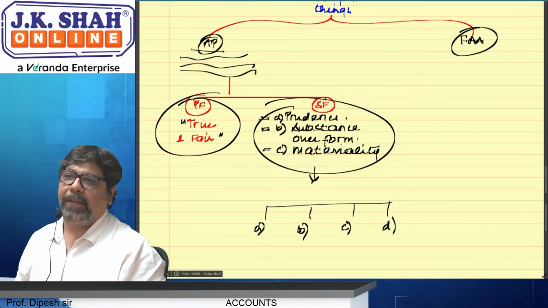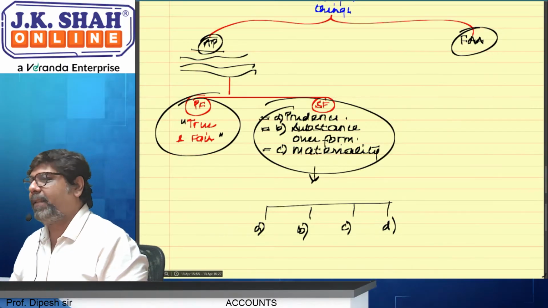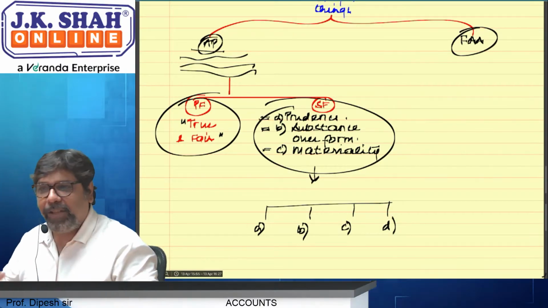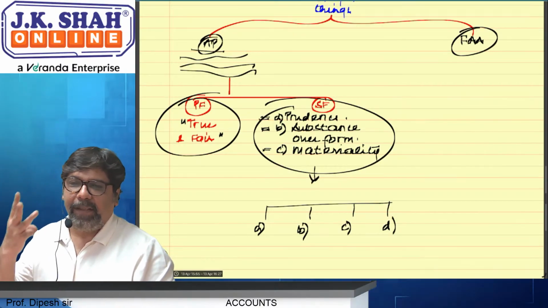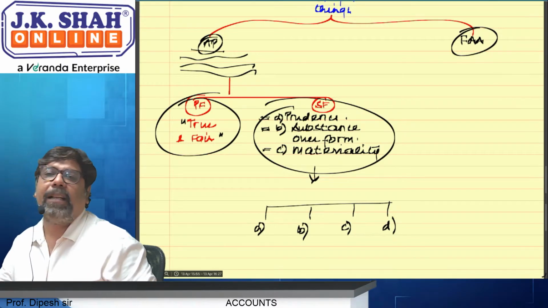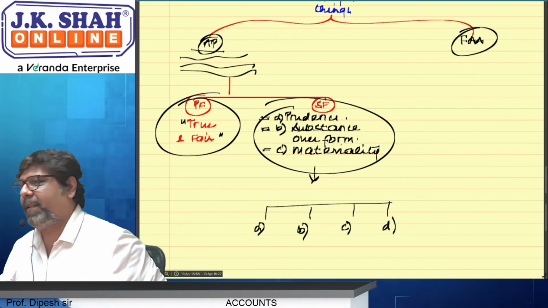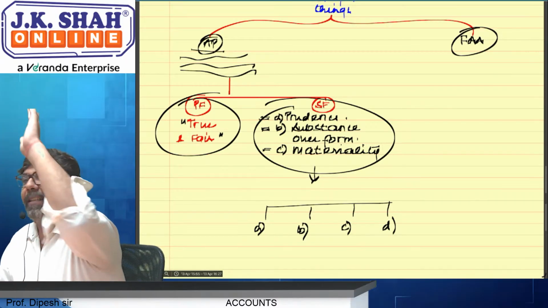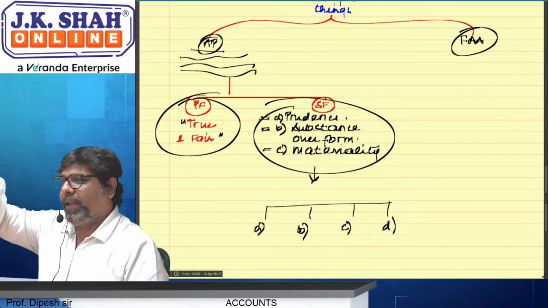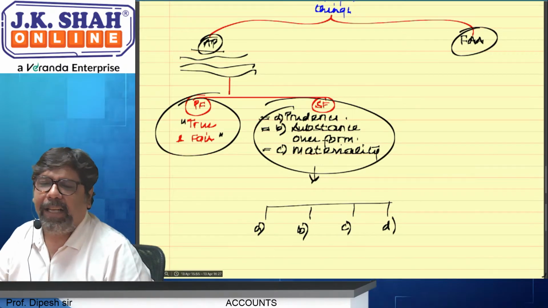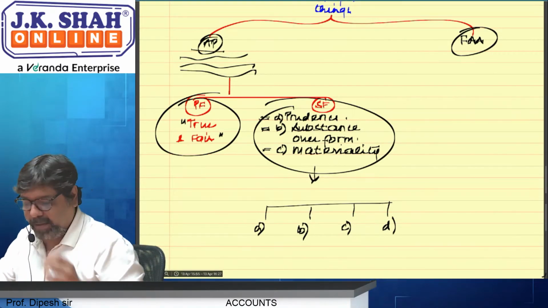Once accounting policy is chosen, we have to follow it consistently year after year. We can change the method of accounting policy only under 3 circumstances: change in law, change in AS, or for better presentation of financial statements. And whenever we change accounting policy, we are supposed to disclose 4 things: old policy, new policy, reason for change and impact of change.